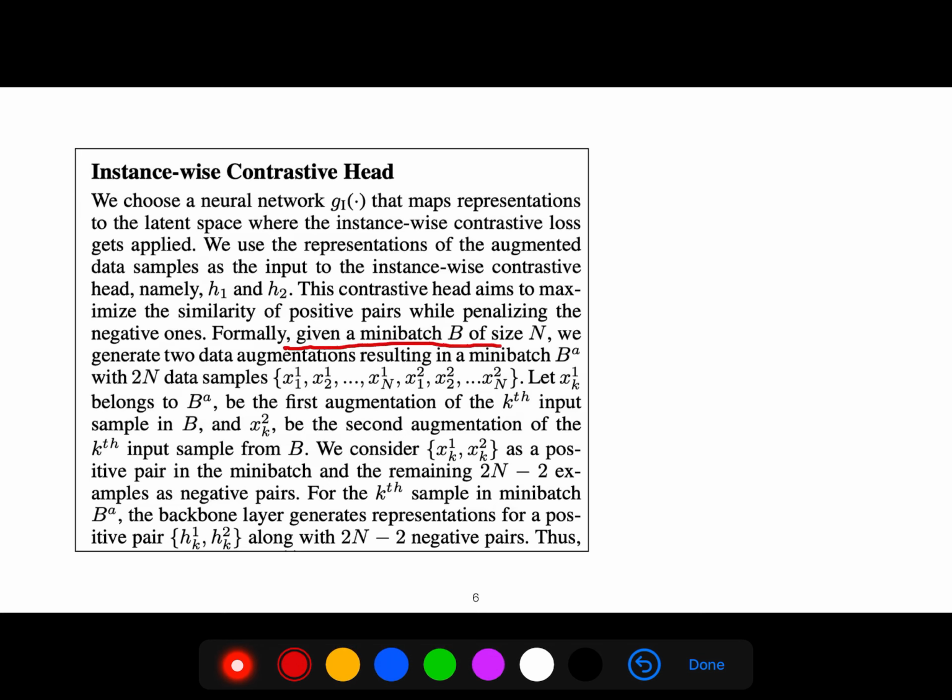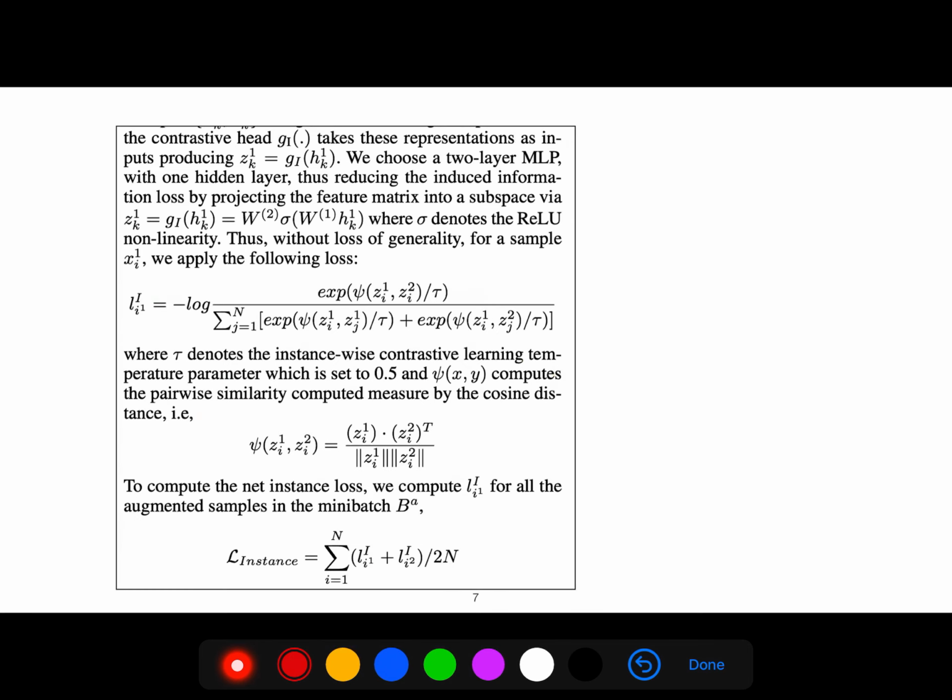Formally, given a mini-batch of size n, we generate 2 data augmentations, resulting in a mini-batch of 2n. Let x_k^1 be the first augmentation of the kth input sample, and x_k^2 be the second augmentation of the kth input sample. We consider this one as a positive pair in the mini-batch and the remaining examples as negative pairs. For the kth sample in the mini-batch, the backbone layer generates representations for a positive pair along with 2n-2 negative pairs.